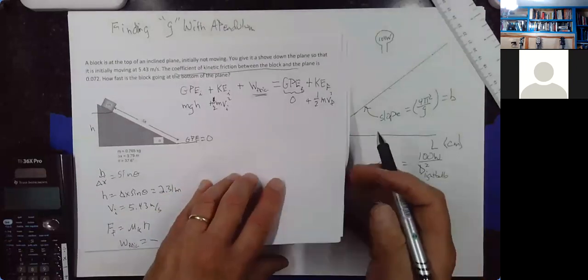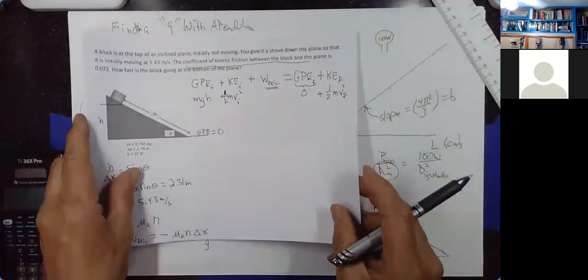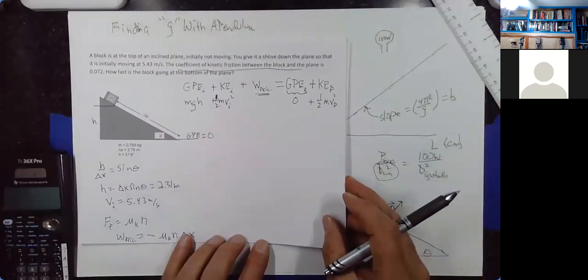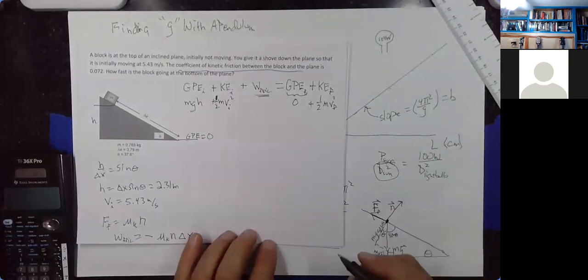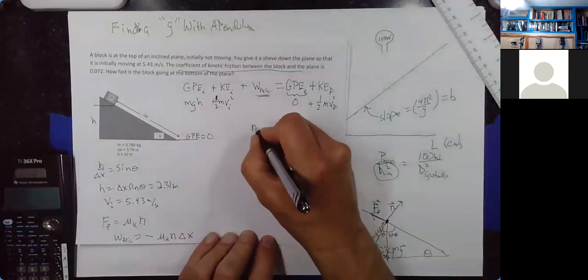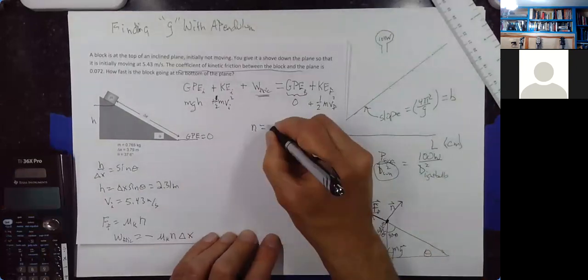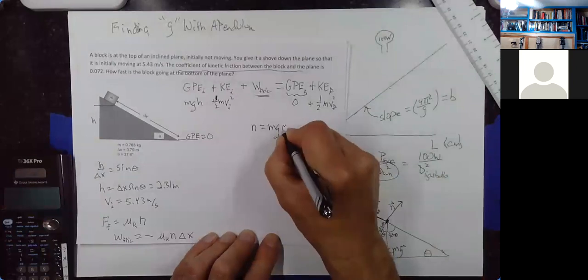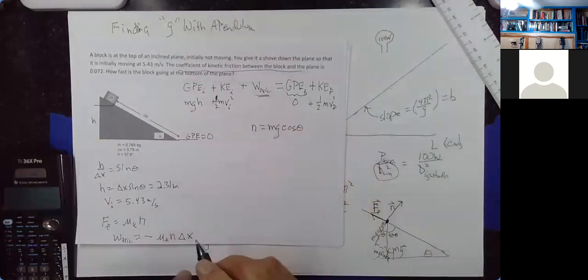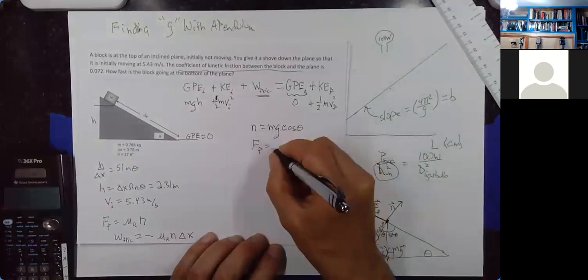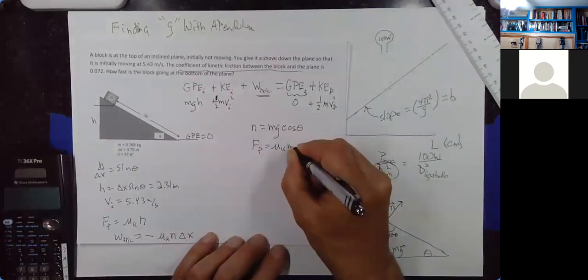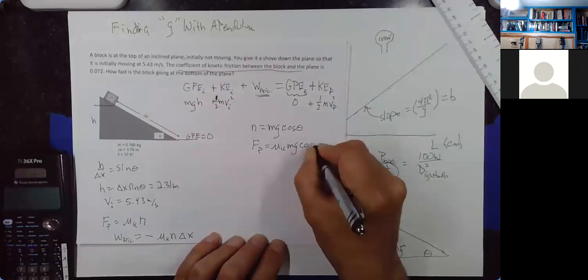And I go through that every time because if you're faced with a situation like this, you want to have seen it, and you should try it out on your own to convince yourself. So anyway, the normal force is mg cosine theta. The frictional force is mu sub k mg cosine theta.